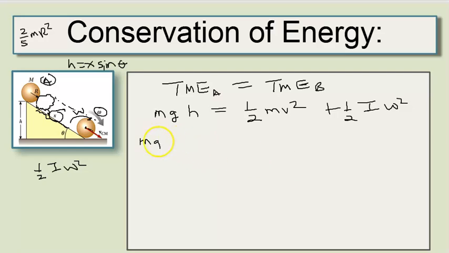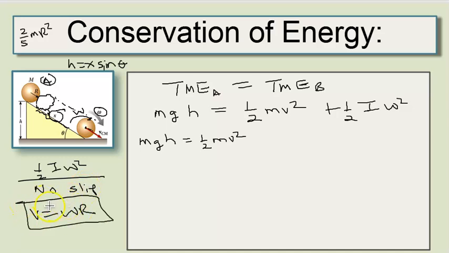What is challenging about all of these problems is there's a hidden no slip piece of information that you have got to use or you won't have enough information. Not slipping means there is a relationship between how it is translating and how it is rotating, and you have got to use that to reduce variables.